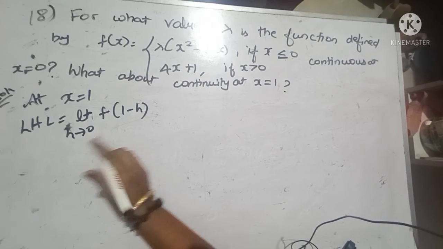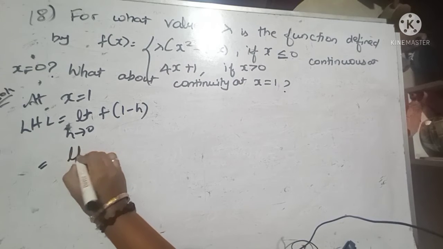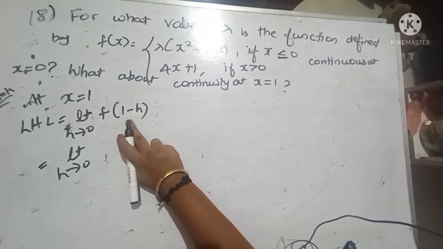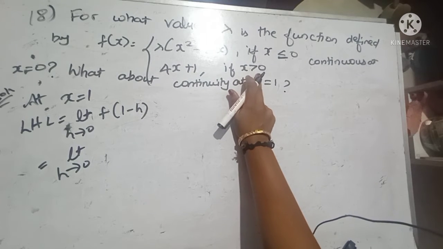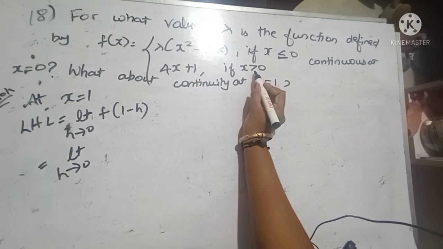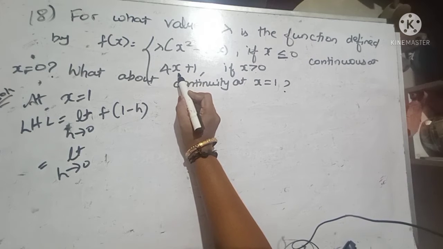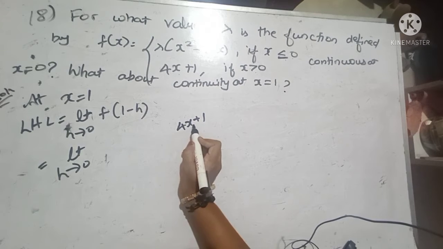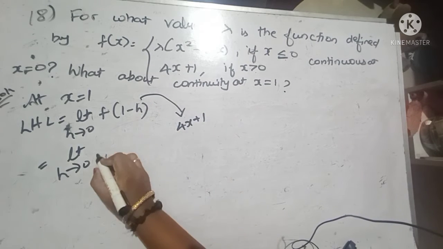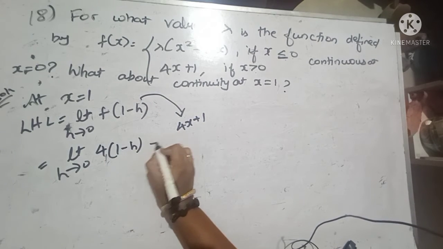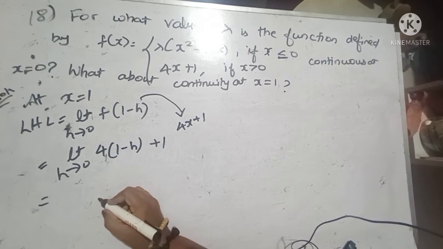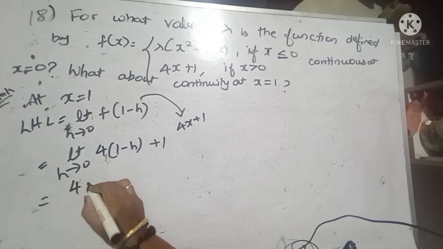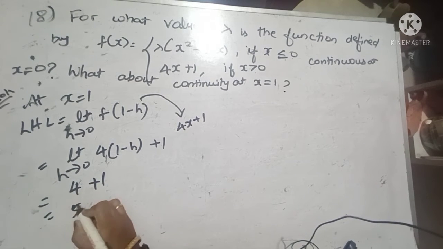Some number is subtracted from 1, and this is greater than 0, so the function will be 4x plus 1. In the place of x we substitute 1 minus h, so 4 into 1 minus h plus 1. When I apply the limit h tends to 0, we get 4 plus 1, which is equal to 5.